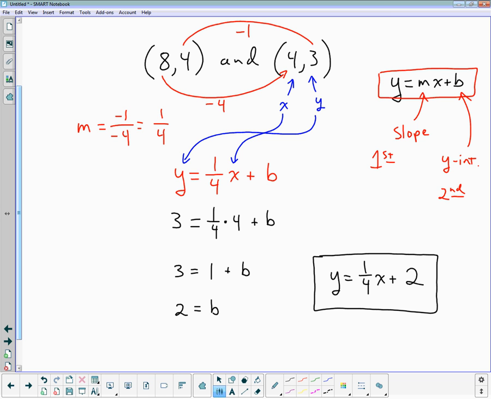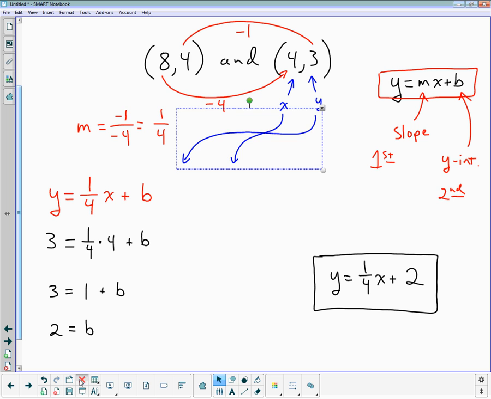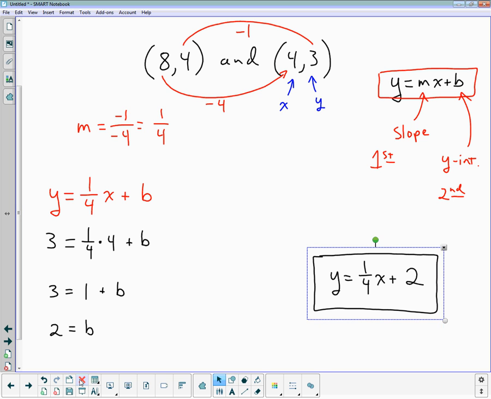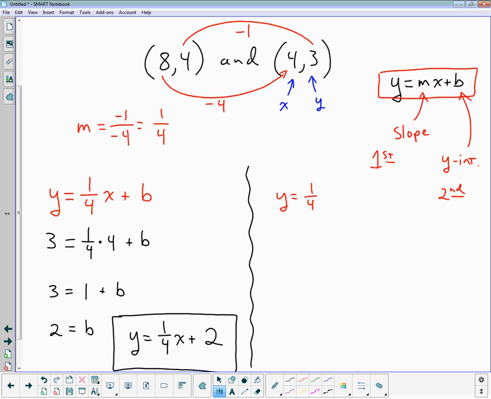Now, if you had chosen the other point, like I said, you should have gotten the same answer. Let's take a look at that. Again, we're going to start off with y equals 1/4 x plus b, because that's where we were at that point. We had found the slope and we were plugging in a point.